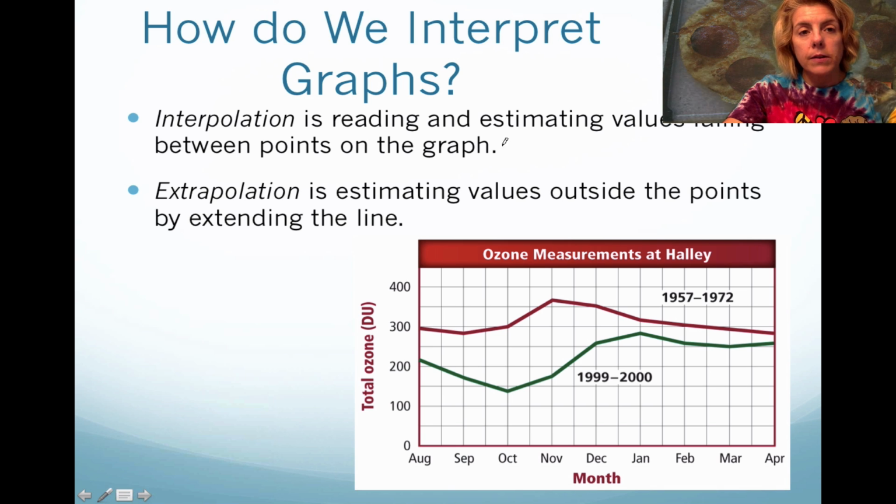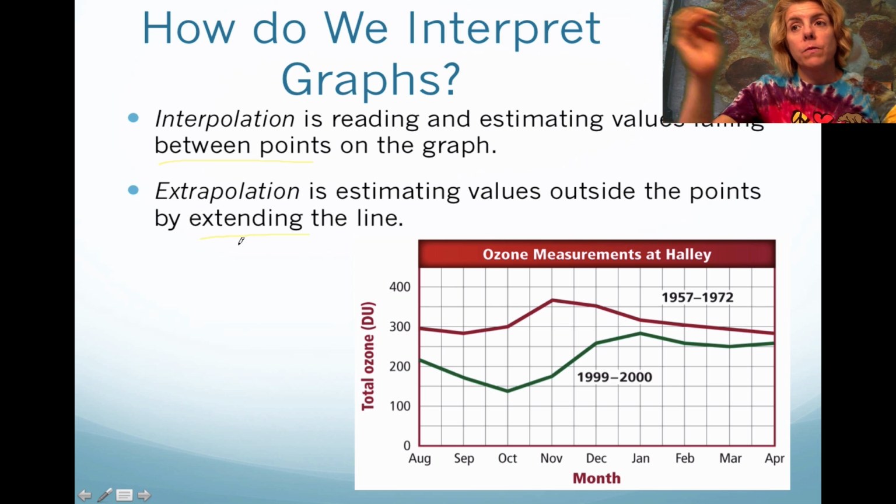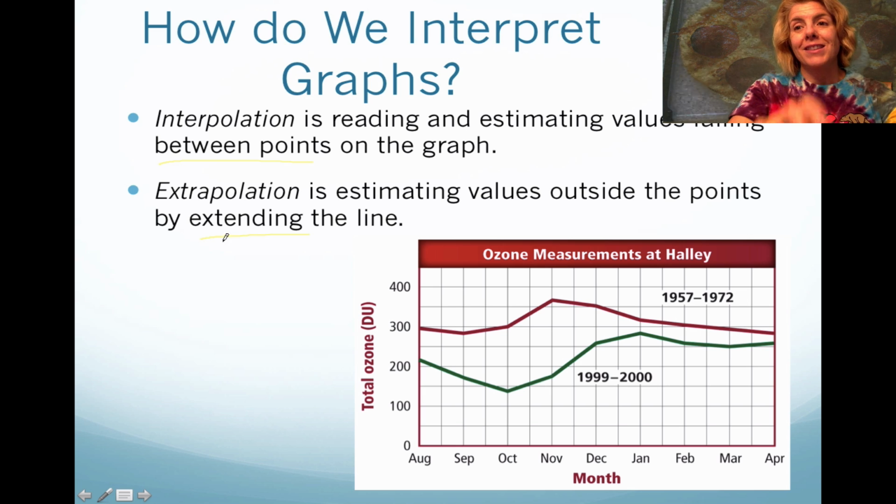Interpolation means we're looking at the data between points on the graph, and extrapolation means we're looking at extending the line. So we might use that to predict what's going to happen outside of the graph's area, or maybe to predict what's inside the graph's area.